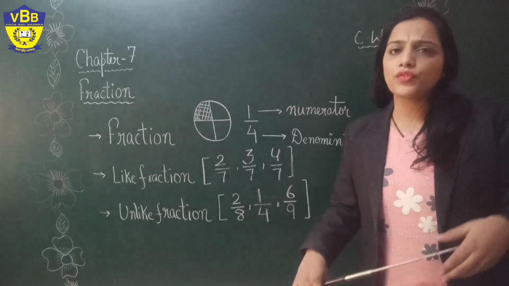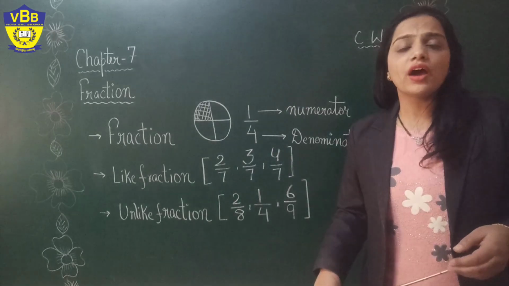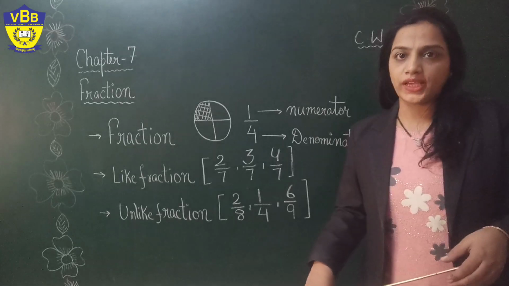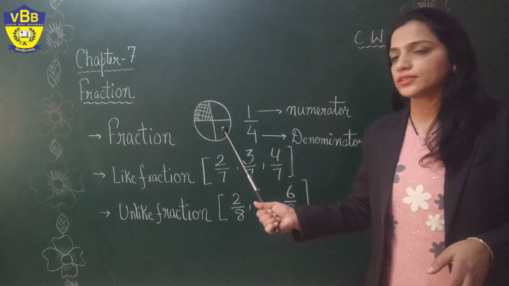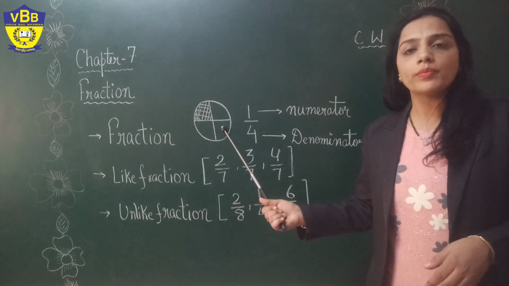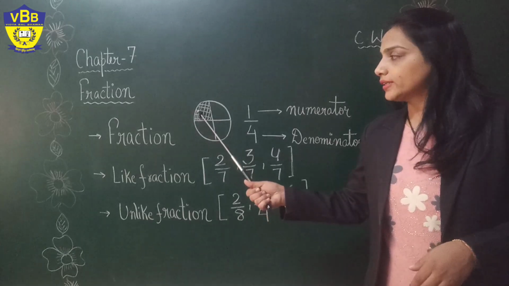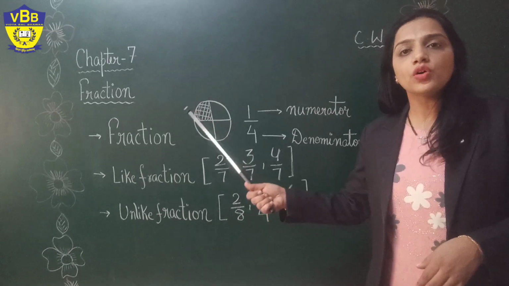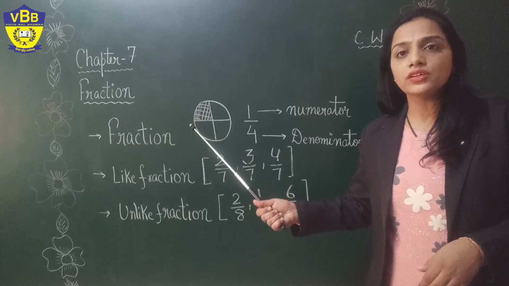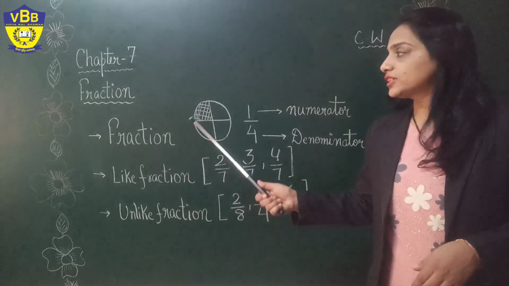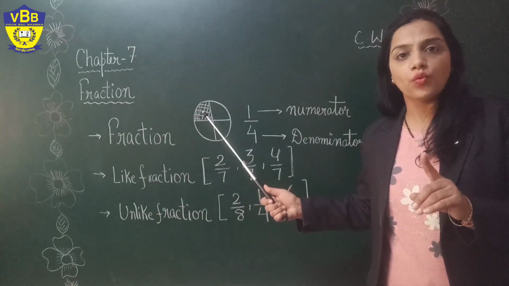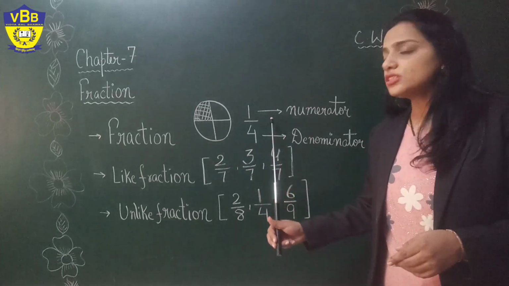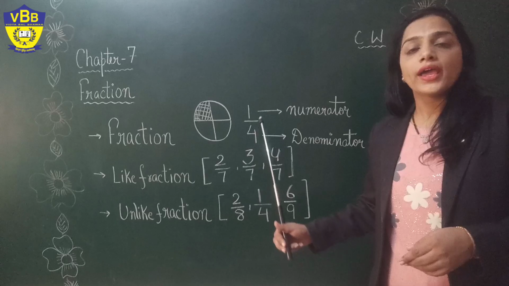So what is a fraction? A fraction is a part of a whole object. Here you see a circle. How many parts are there? 1, 2, 3 and 4. So the total number of parts is 4 and the shaded one is only 1. So what will the fraction of the shaded part be? It is 1 by 4.